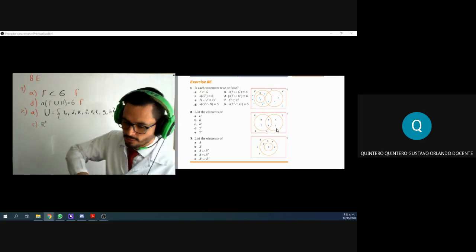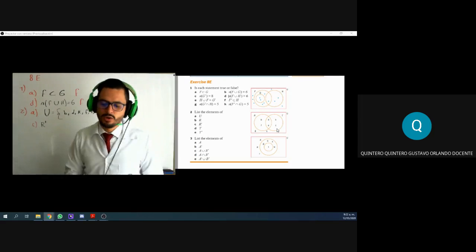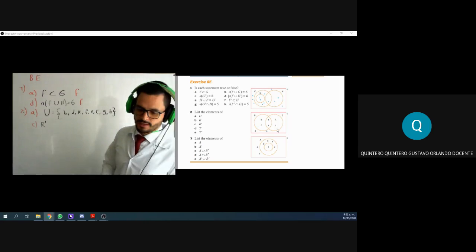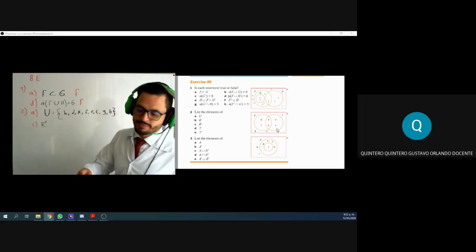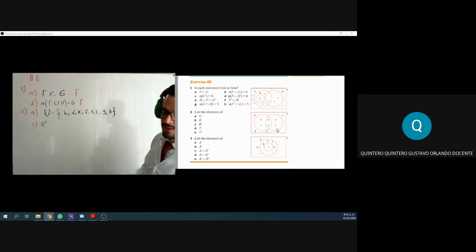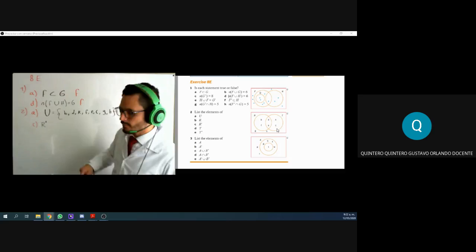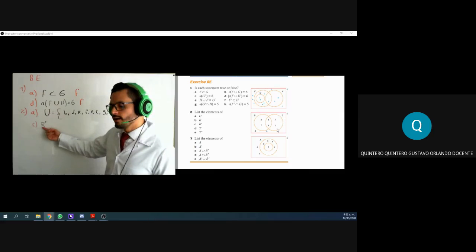Beautiful. Complement. Thank you, Isa Rodriguez. All the elements except the ones in R. That is the idea behind this little thingy. You read it as R complement.